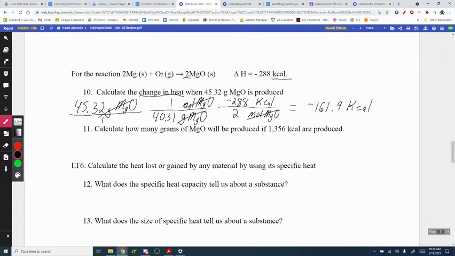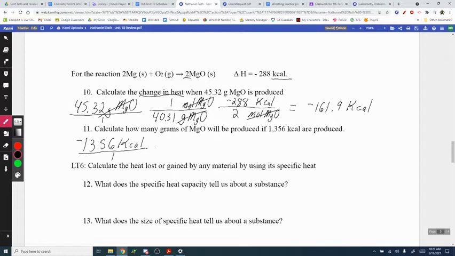Next one, calculate how many grams will be produced if that many kcals are produced. So 1,356 kcals are produced. Now, since that's the amount of energy that is produced, that means it's going to be negative.